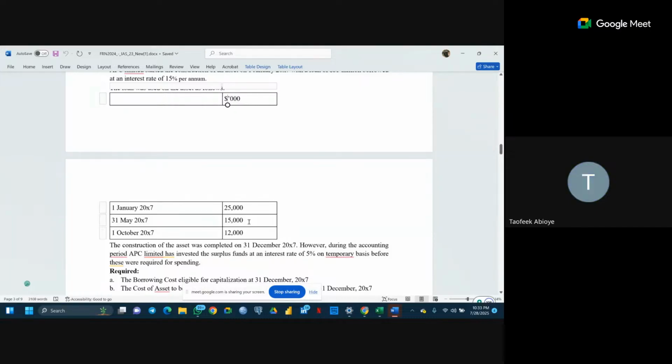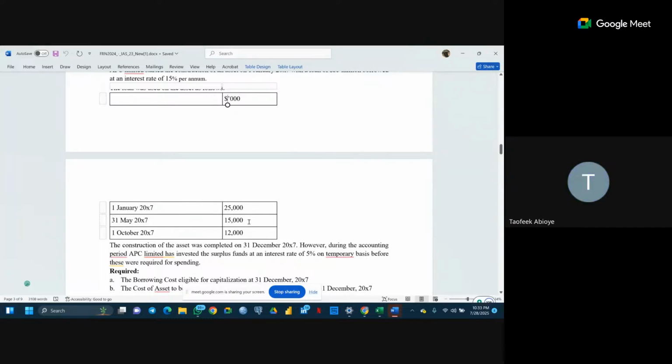Let me set an example. Maybe you have a friend named Awawu. You borrow 55 million, and as at 1st of January, you withdraw 25 million for the particular project you want to embark on. You now give the remaining fund to Awawu to make use of, with an agreement that she is going to pay you 5% interest on this money you kept with her, and that you can request your money anytime.